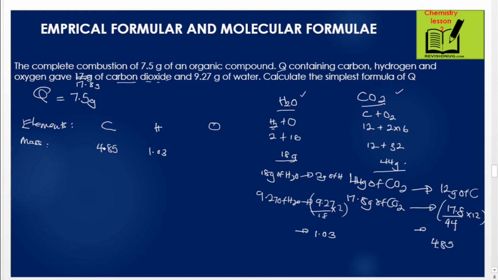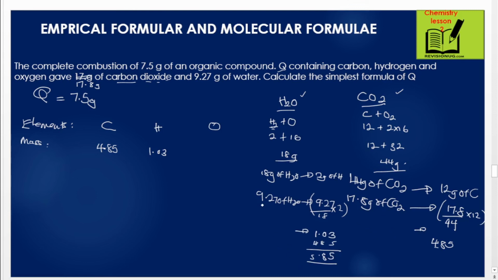But now let us see the grams of carbon and hydrogen so far. So when we add 1.03 and 4.85, that only occupies 5.85 grams. Therefore, the other balance is for oxygen.